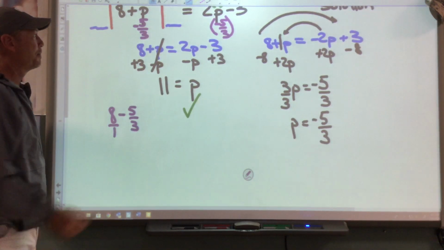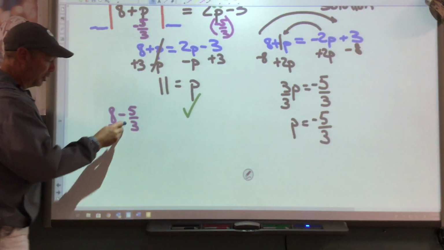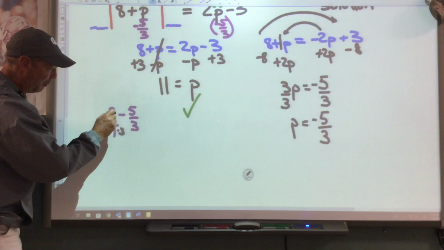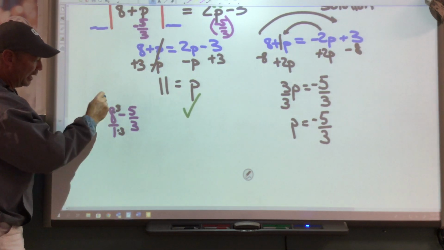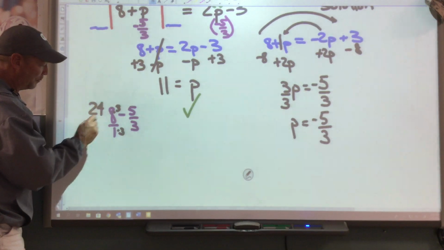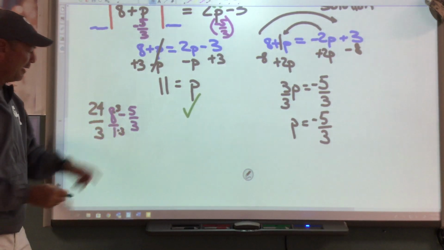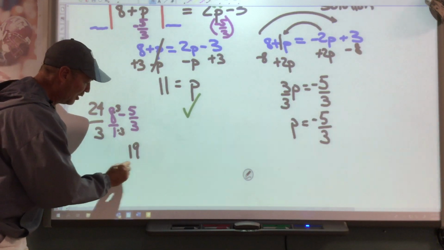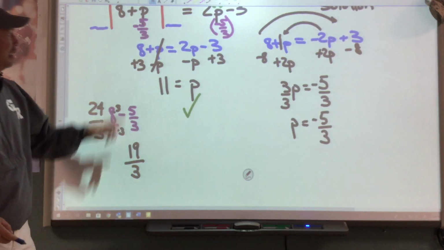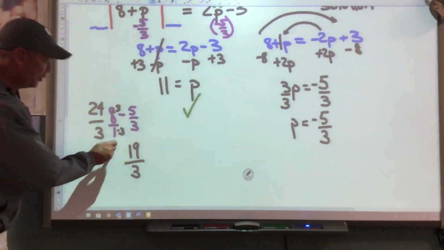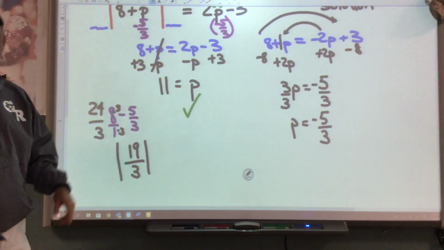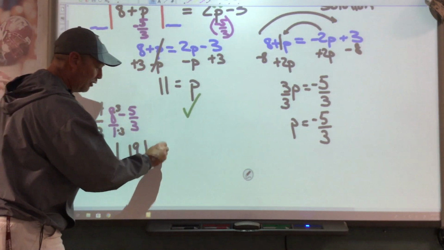Make that 8 over 1, multiply times 3, and I'm going to get 24 over 3. 24 minus 5 is 19 over 3. So when we take the absolute value of 19 over 3, I end up with 19 over 3.